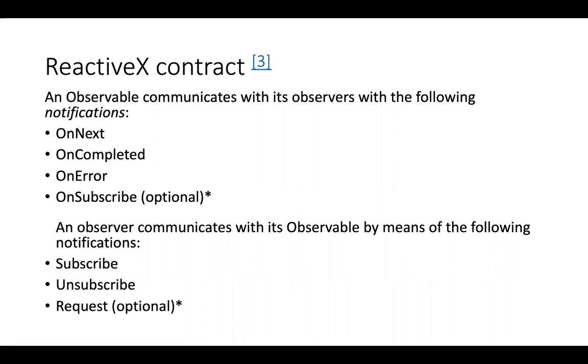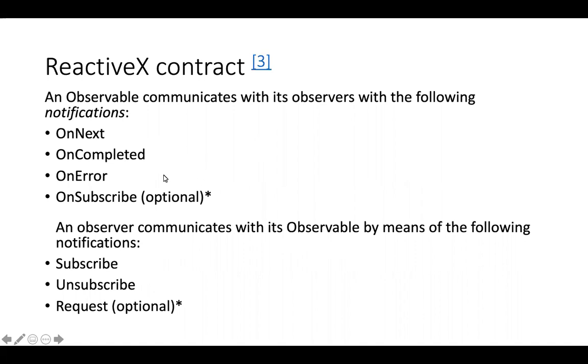So basically you will have an observable, and this observable is the intermediate entity which is acting between an observer and a producer. The observer communicates with its observable by means of notifications like subscribe, unsubscribe, request, and the observable has on next, on completed, on error, and on subscribe.